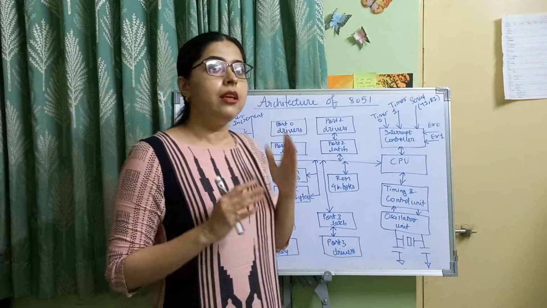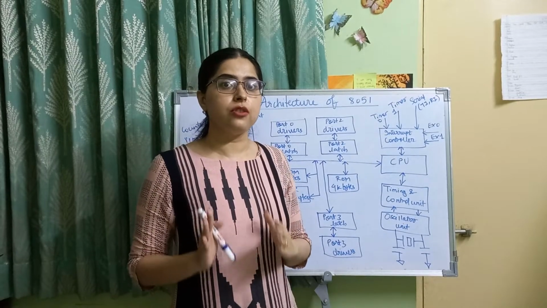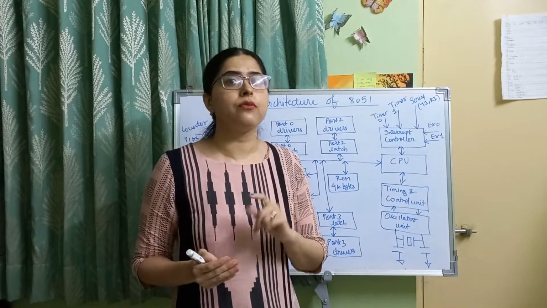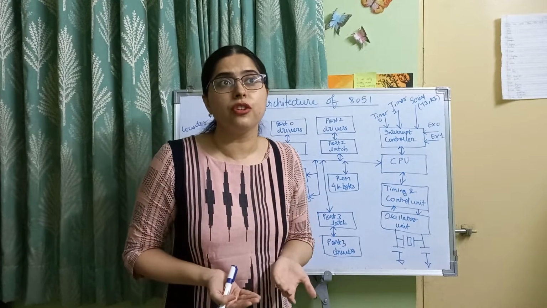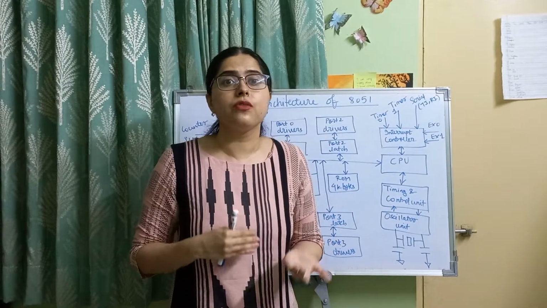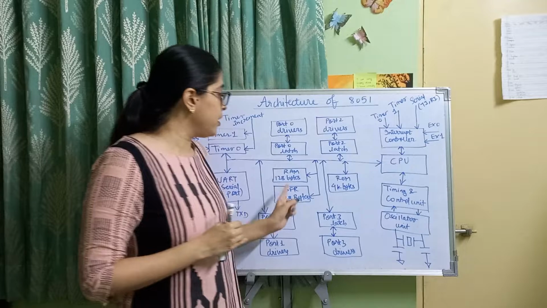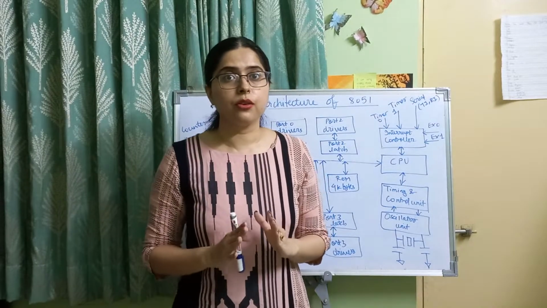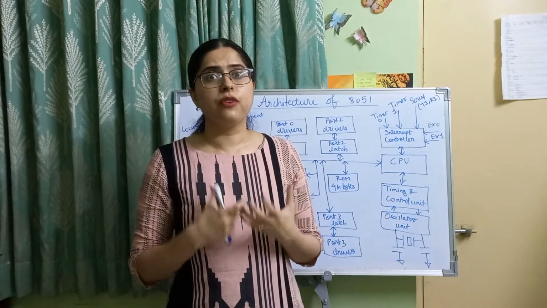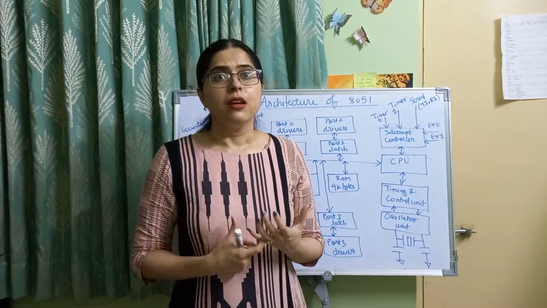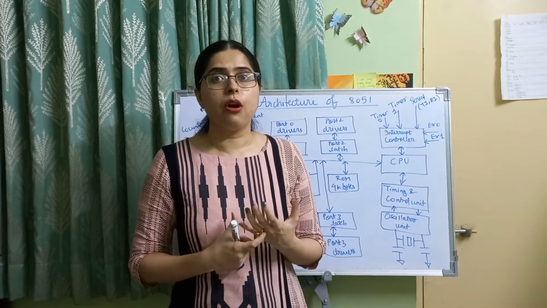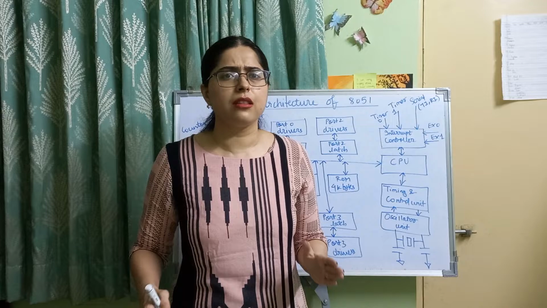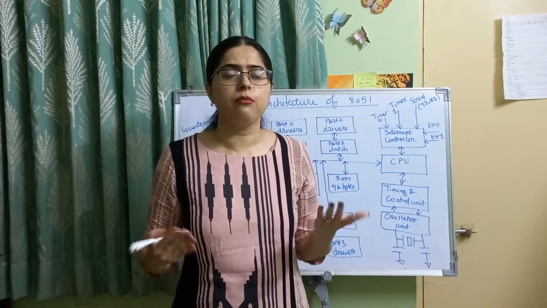Then we have the special function register, which is also part of RAM. It is 128 bytes. Now what does the special function register do, and what are the registers which come under it? It occupies 128 bytes of memory inside the microcontroller. These special functions are the accumulator register, then PCON, SCON, TCON, timer registers. Various registers are there which we are going to see in detail as we move ahead.